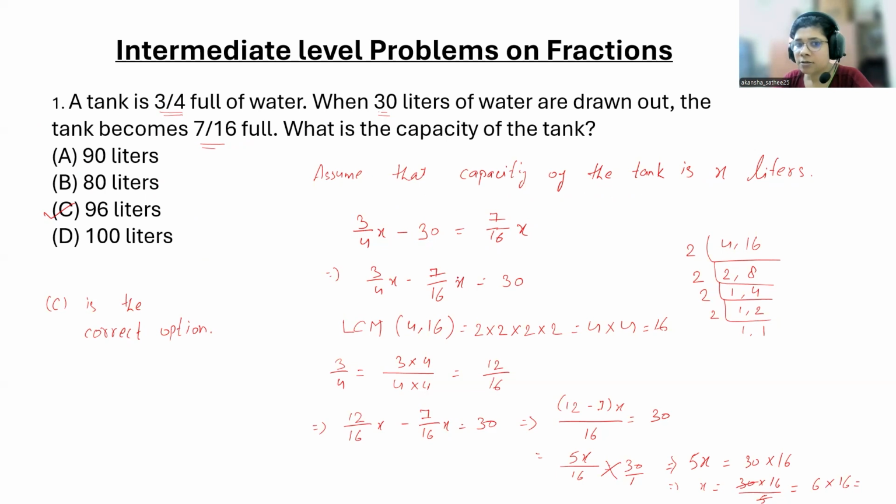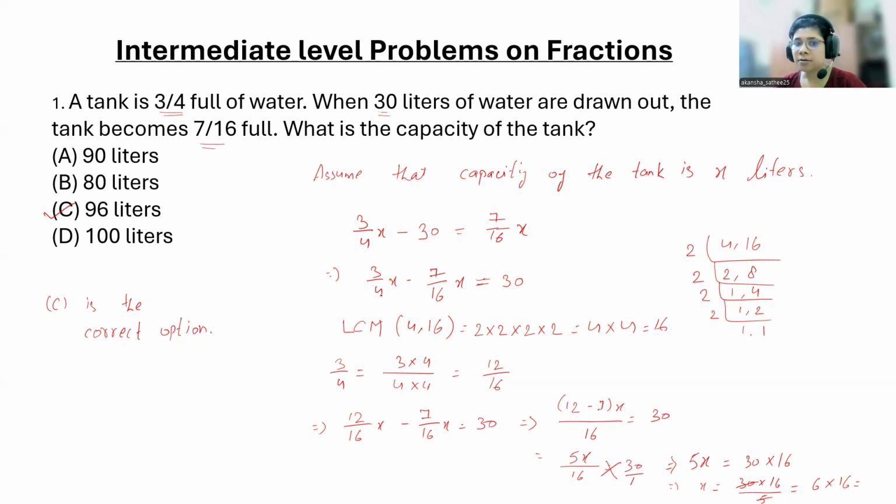You just solve it. So first you take 30 to this side. Here 30 is in subtraction, so this side it becomes a positive sign. And here you have to subtract two fractions. How do we subtract two fractions? You take the LCM of the denominators. So the denominators were 4 and 16. You take the LCM by the usual rule. You will get 16 as the LCM.